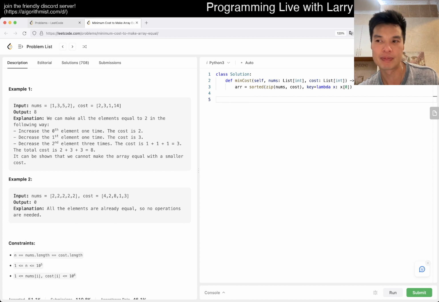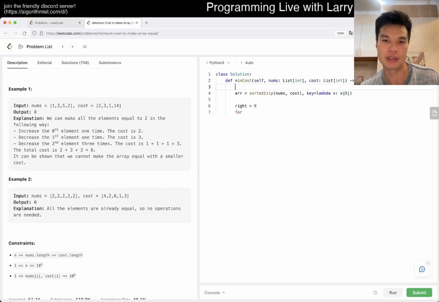I'll call it left and right. And then that was the cost of making all the numbers the first number. So total, maybe the right side is equal to 0 and then 4, and you can start at 1, it doesn't really matter.